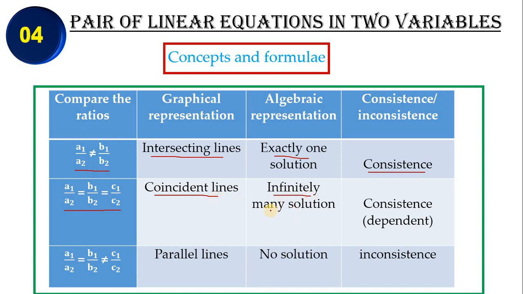They have infinitely many solutions, and these are also called dependent consistent. And third ratio is A1 by A2 is equal to B1 by B2, which is not equal to C1 by C2. Here we are going to get parallel lines and they have no solution, hence these are called inconsistent.